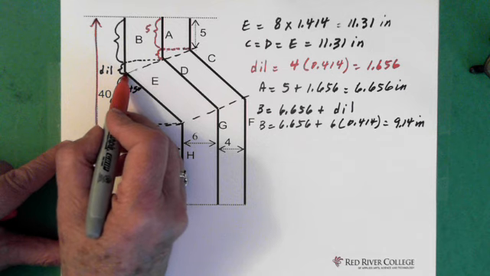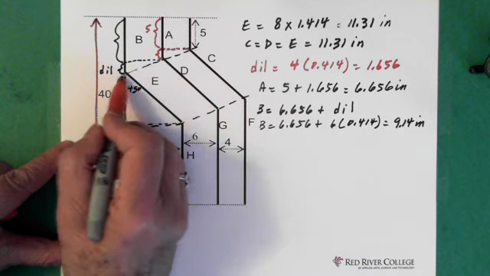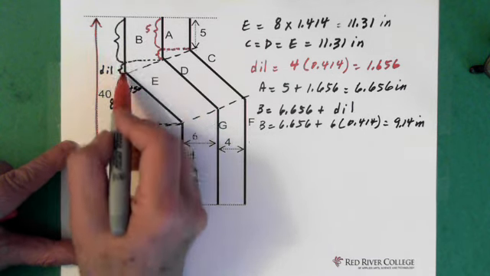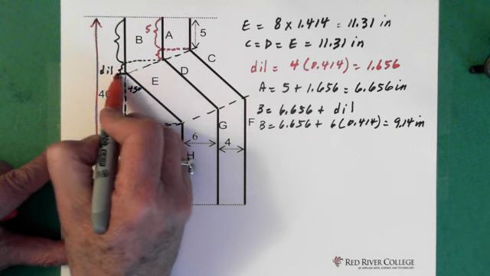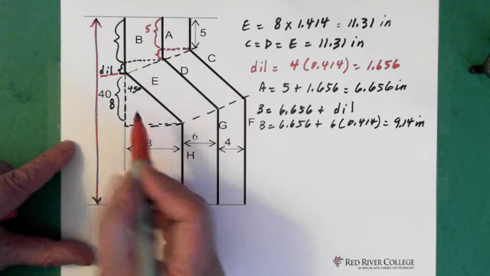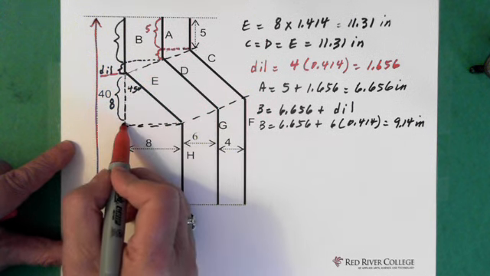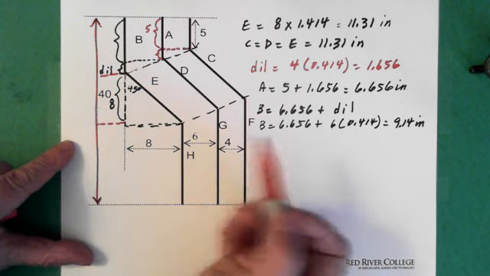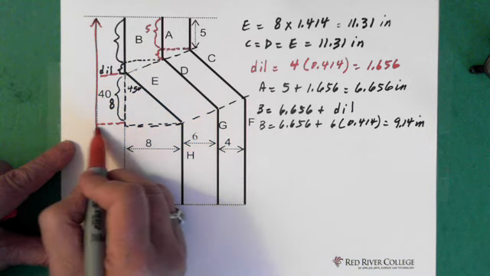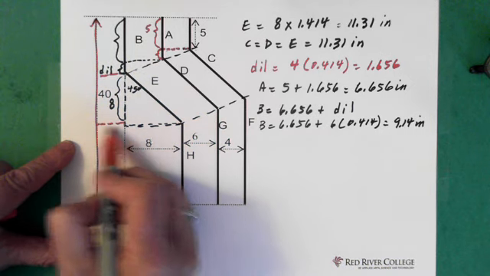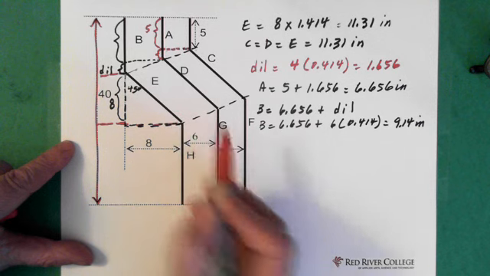We know the distance here. We know the length of B, so we know the distance down to this point. We also know that we can drop 8 inches down here, okay? So there's 8 inches.